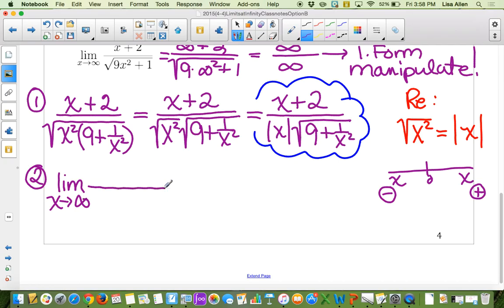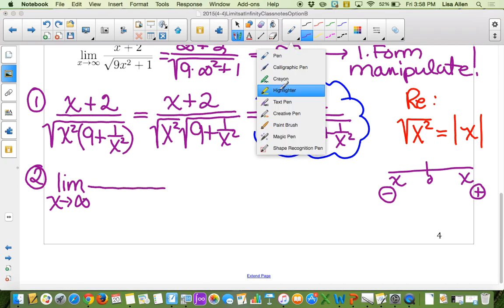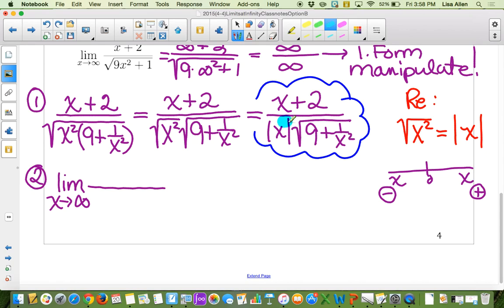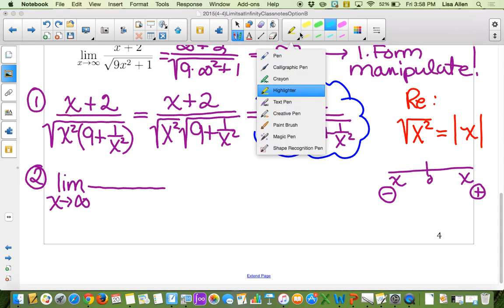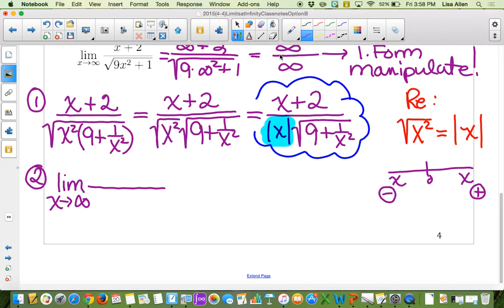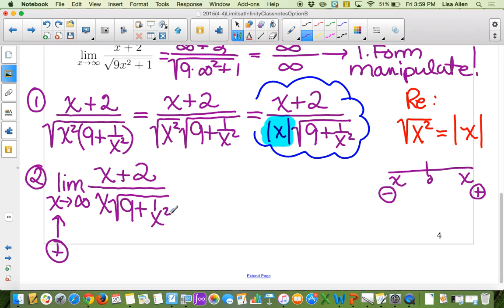So we're looking at our expression, but I want to highlight this absolute value of x down here, so that as we head in the positive direction, in the numerator we still have x plus 2, but in the denominator we have the following. The absolute value of x, if x is positive, is simply x, followed by the square root of 9 plus 1 over x squared.